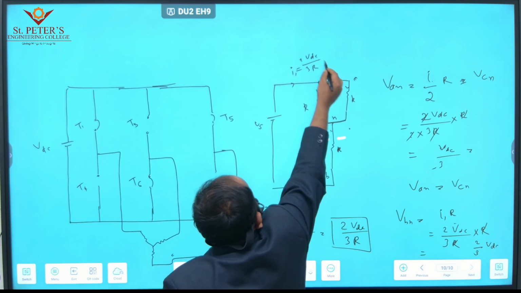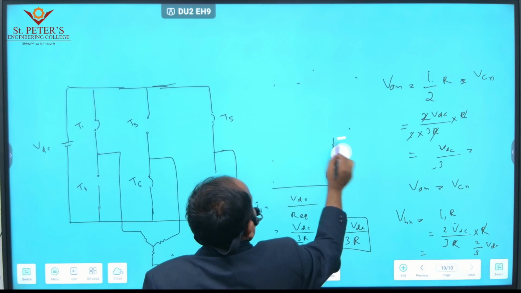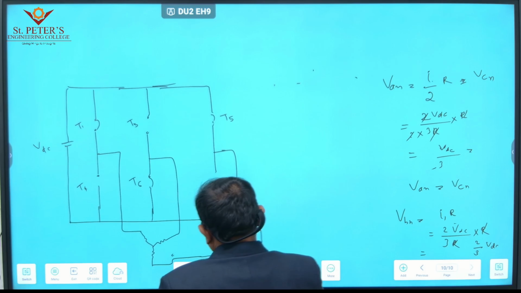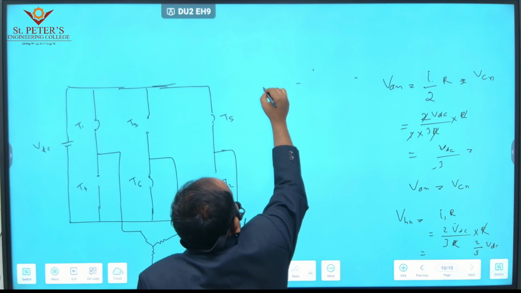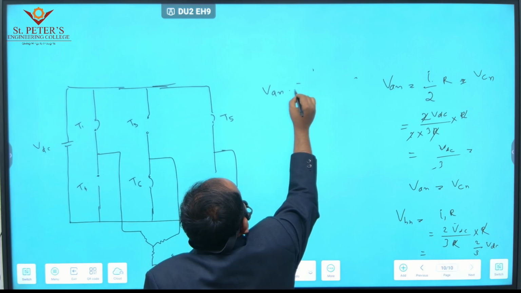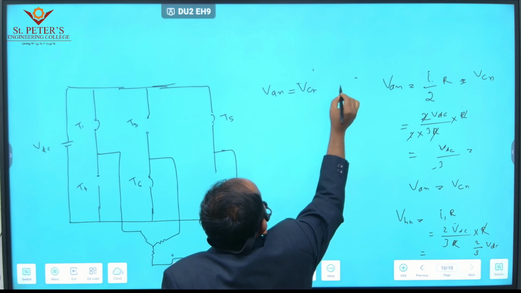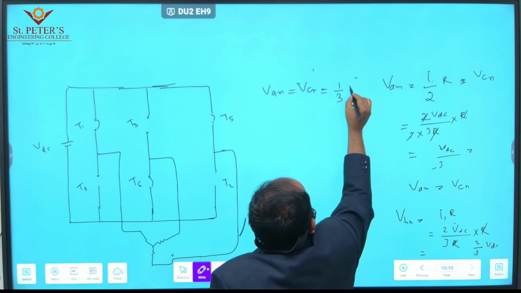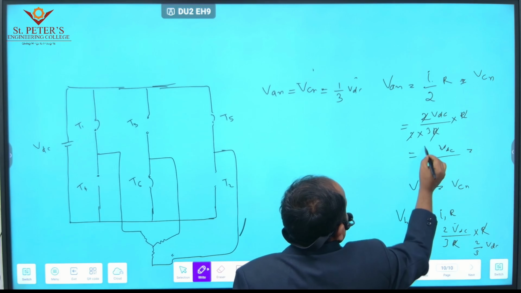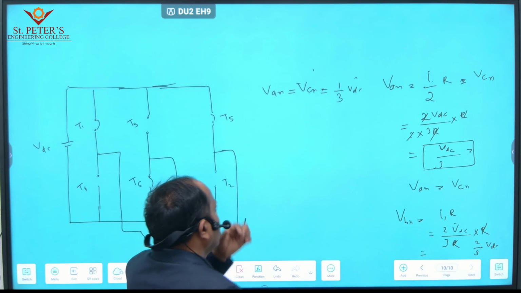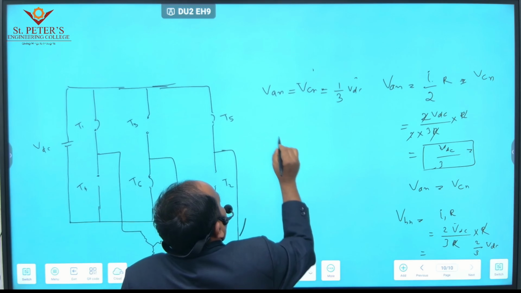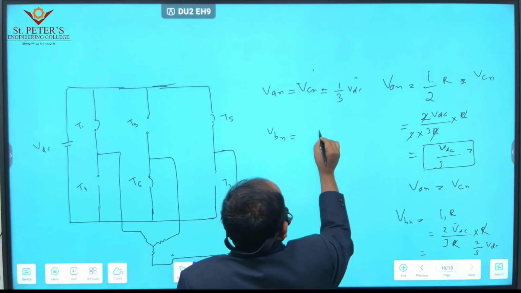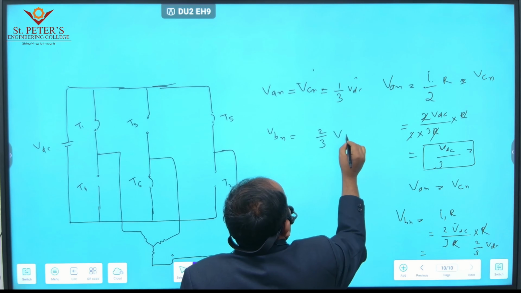we are getting phase voltages from 0 to 60 degrees, that is VAN equals VCN, that are 1 by 3 VDC or Vs. Then what about VBN? VBN is nothing but 2 by 3 VDC.